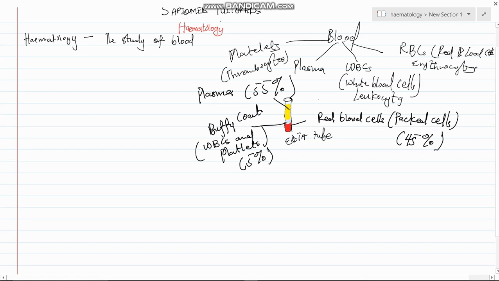So blood has a lot of functions. We can talk about the transport function. We can talk about the protective function.